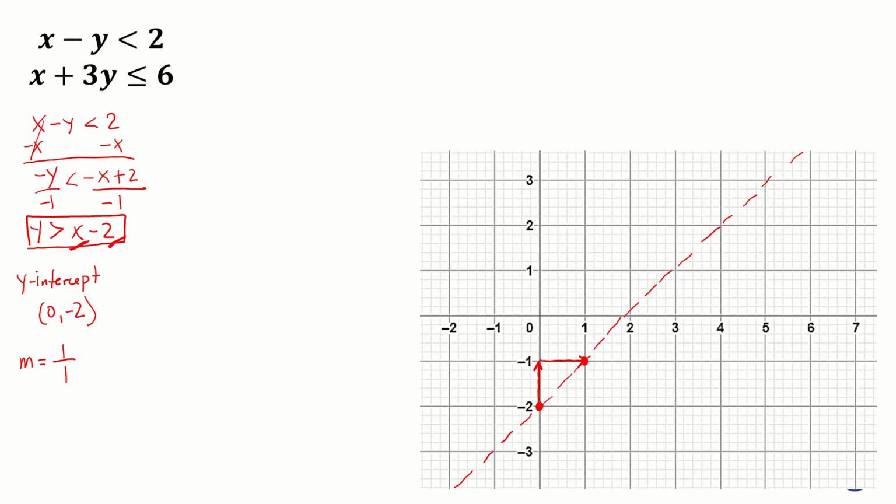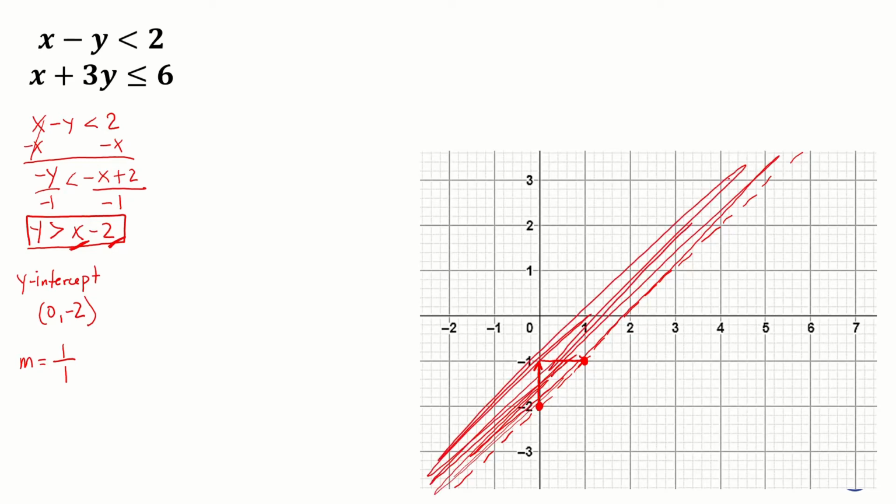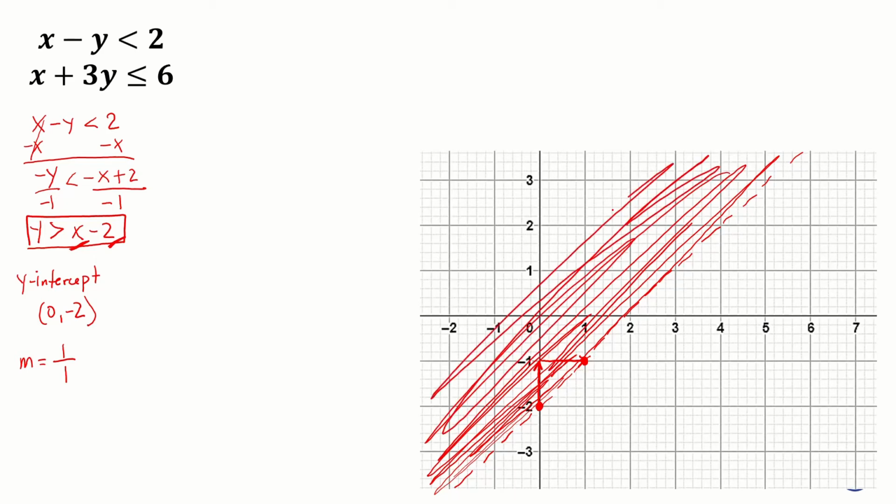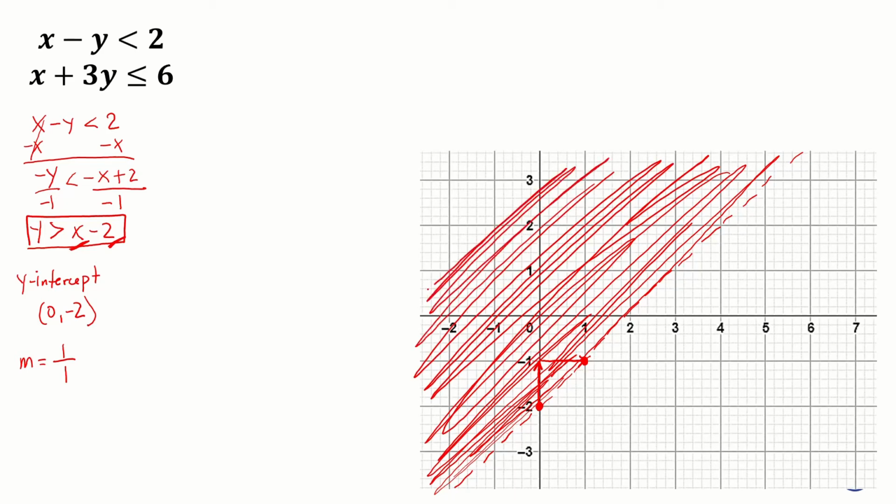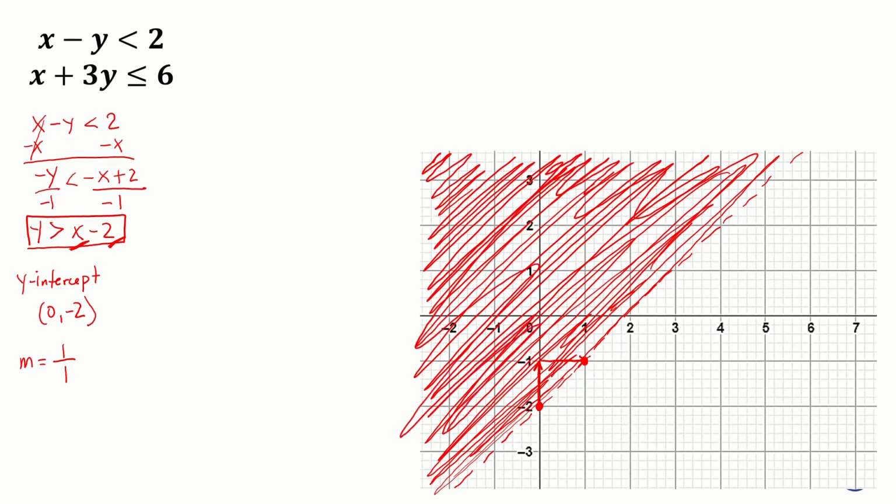Next, the shading part. It is a greater than, so we will shade above the y-intercept. Our y-intercept is at (0, -2), and above that are these points. All right.